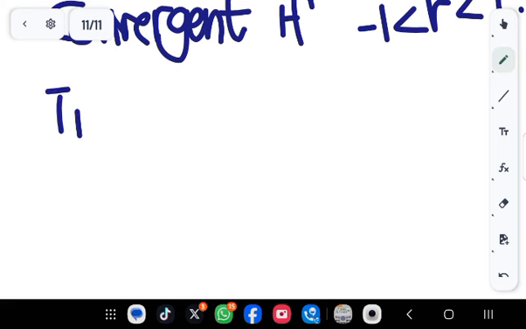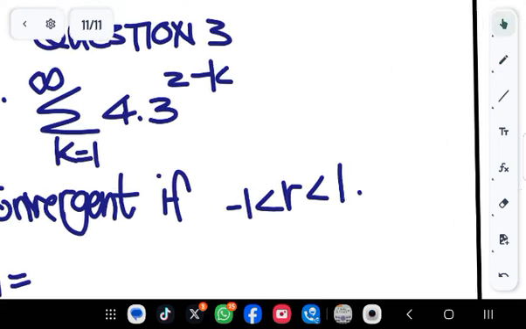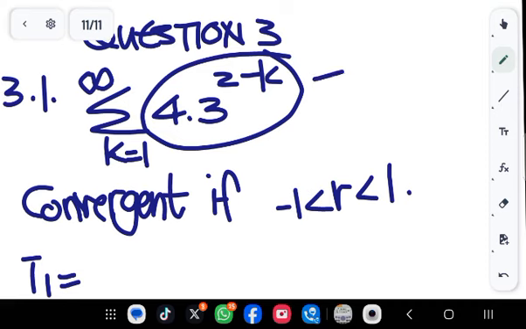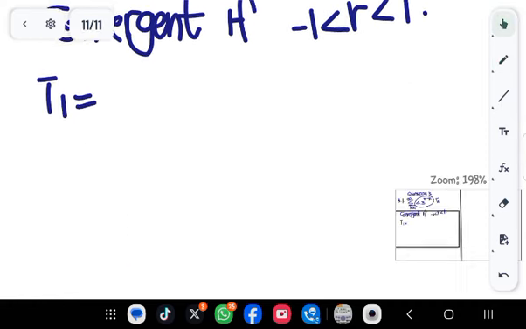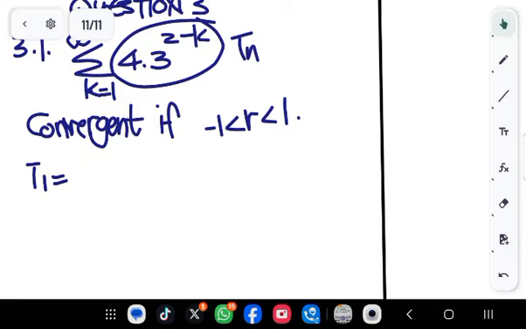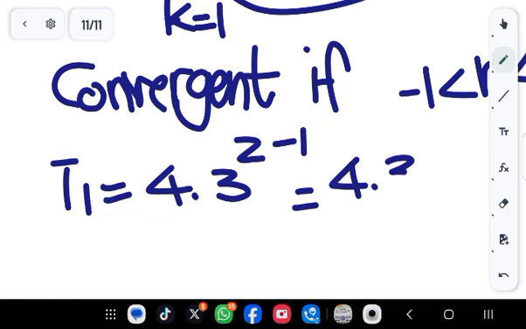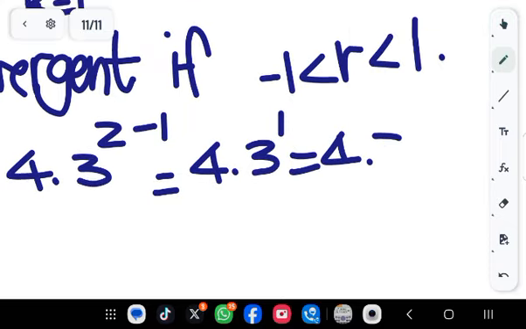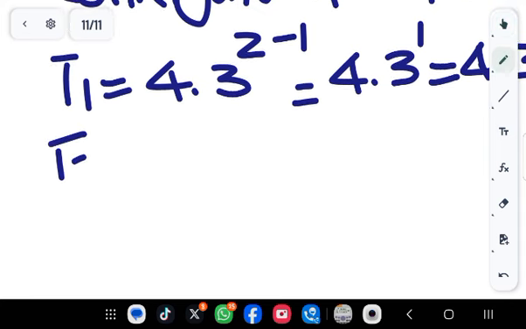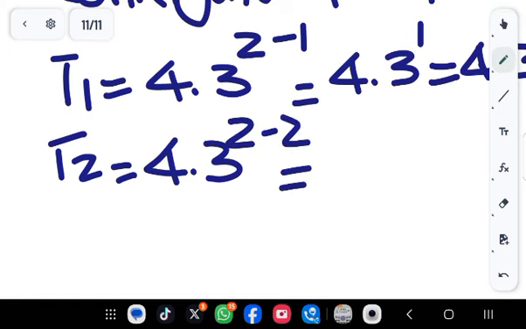So T1 equals, we know that this is Tn. T1 equals 4 times 3 to the power of 1, which is 4 times 3, which is 12. That's the first term. Term number 2 will be 4 times 3 to the power of 2 minus 2, equals 4 times 3 to the power of 0.